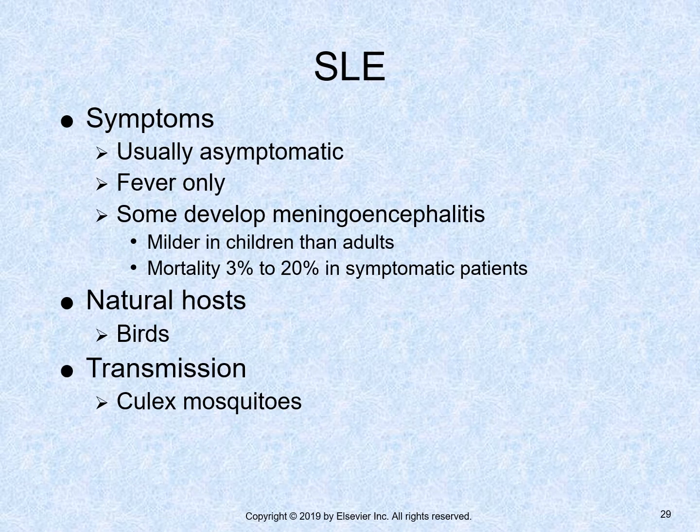The most common flavivirus infection is St. Louis encephalitis. Patients with the virus are most likely to be asymptomatic, but symptomatic patients may develop a fever only, whereas some patients go on to develop meningoencephalitis. The mortality rate of symptomatic patients is 3 to 20%.